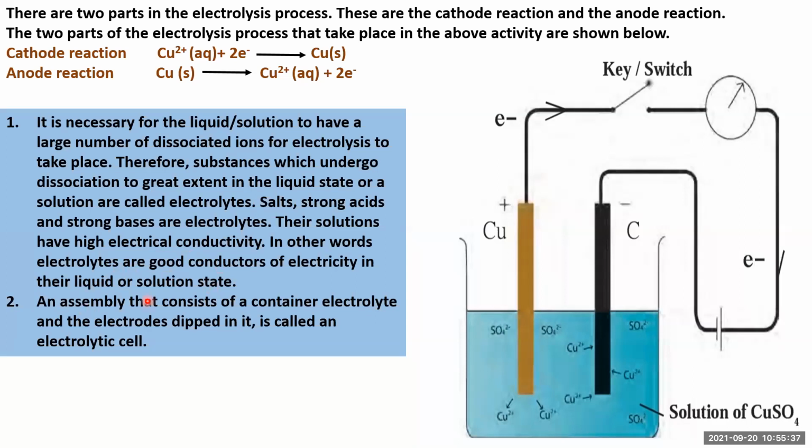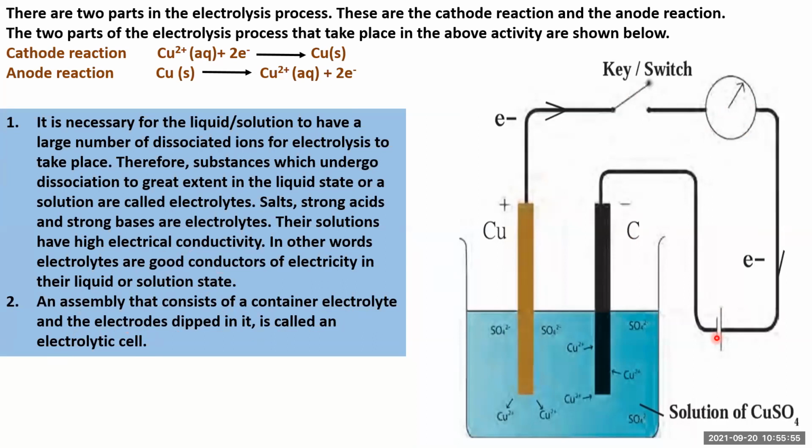An assembly that consists of a container, electrolyte, and electrodes dipped in it is called an electrolytic cell. Now, this is the figure given in your textbook. Here is the key, here is the voltmeter, and here is the battery.